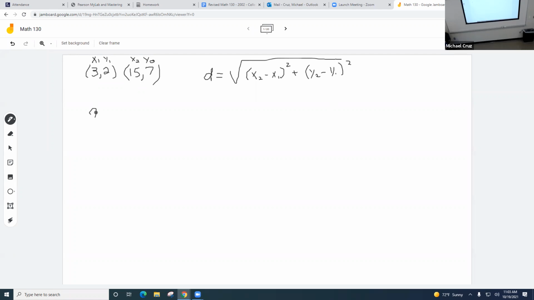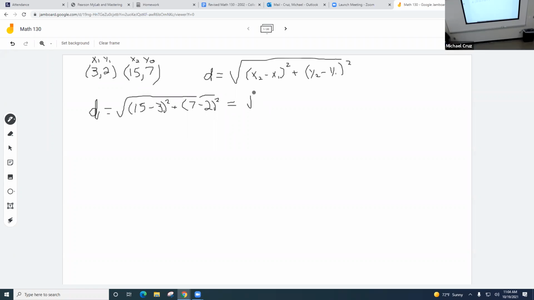So that distance is going to be equal to 15 minus 3 squared plus 7 minus 2 squared. And the squaring is just so we don't end up with a negative sign in there. We have positive values.